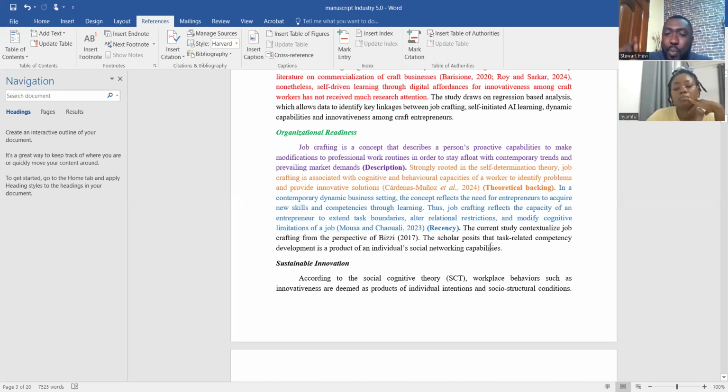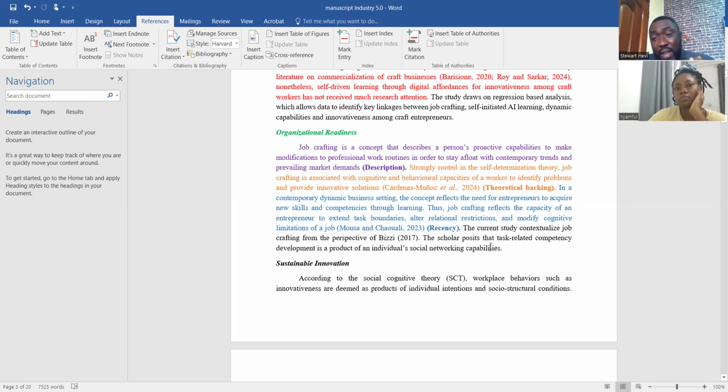He said that the scholar posits that task-related competency development is a product of an individual's social networking capabilities. So because we say we are reasoning like BZI, we need to go and pick the description that BZI gave.